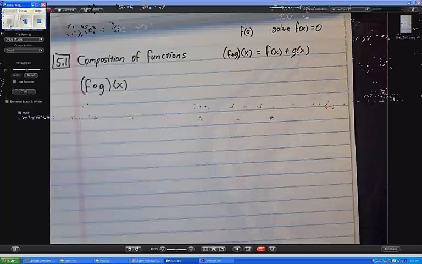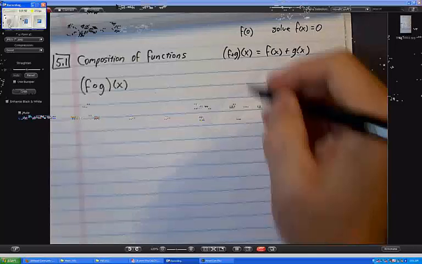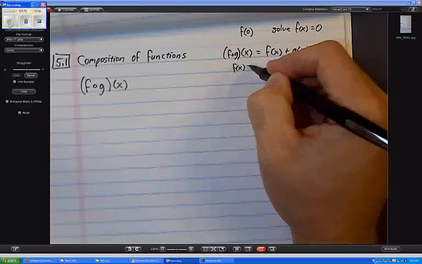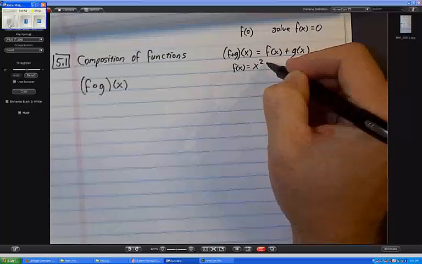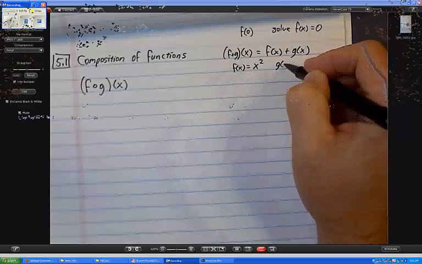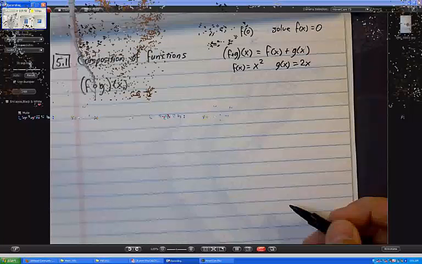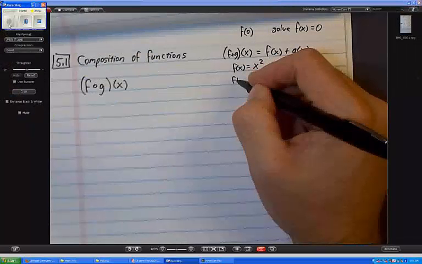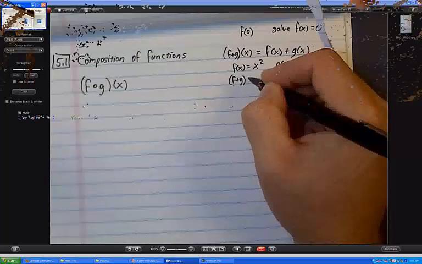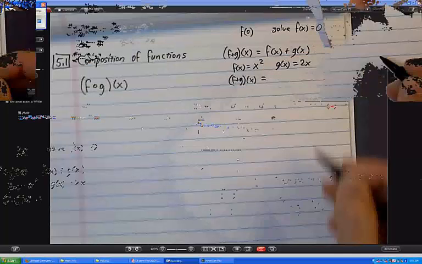And so for example, if f of x is x squared and g of x is 2x, what is f plus g of x then? That's x squared plus 2x, right?